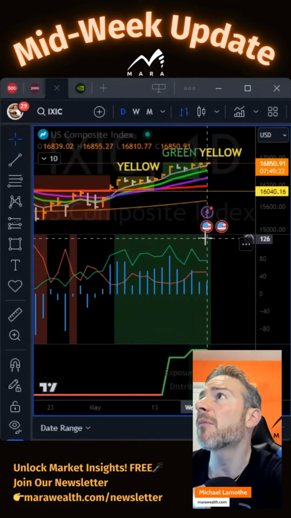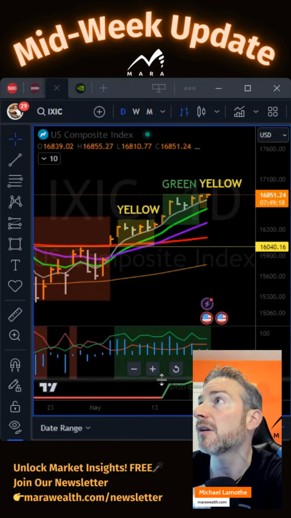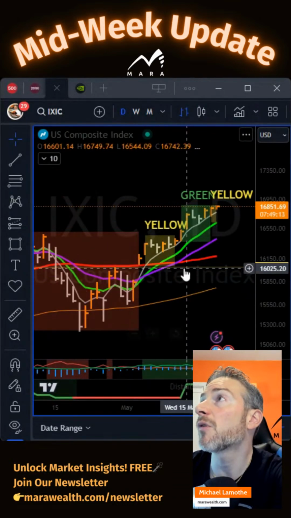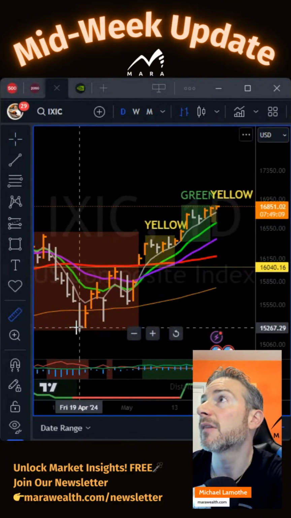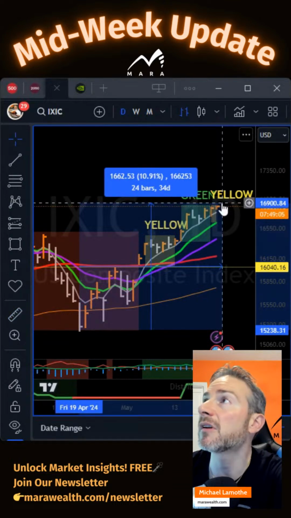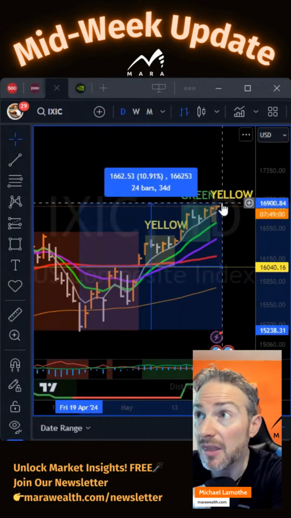And given how far the market has run, right? Well, let's make this indicator small again. Bring this down. Given how far the market has run, we've had this nice big run. If we measure from down here to where we're at right now, that's almost an 11% move since the middle of April. That's very strong.